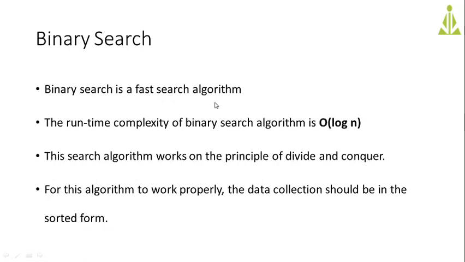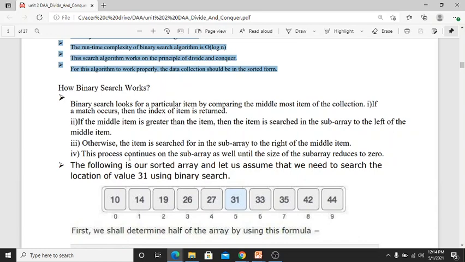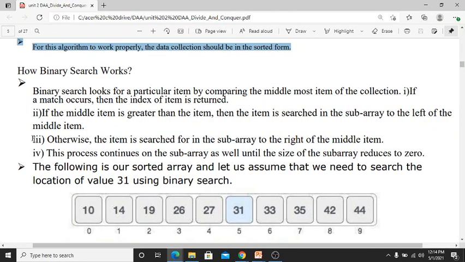Okay, so we'll see the example. In unit 2, divide and conquer, these are the points we have just discussed. Now we will see how binary search works. This is very simple, there are only four steps.